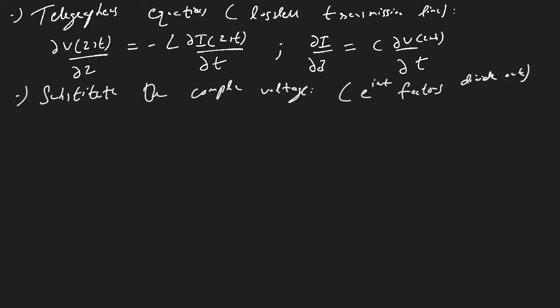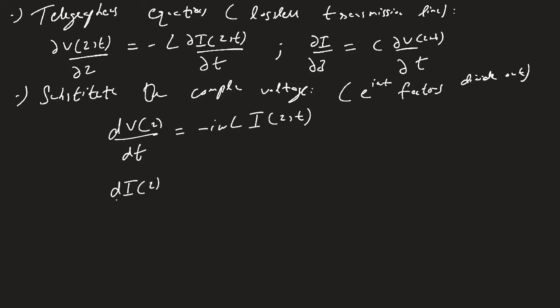So what you're left with is dV by dz becomes equal to minus i omega L times I of z, and the second equation for the current becomes dI by dz equal to minus i omega C times V of z.